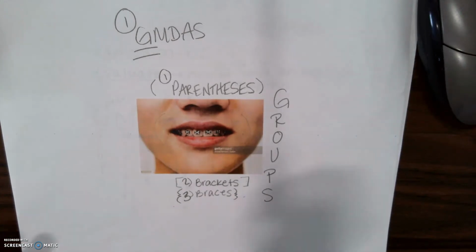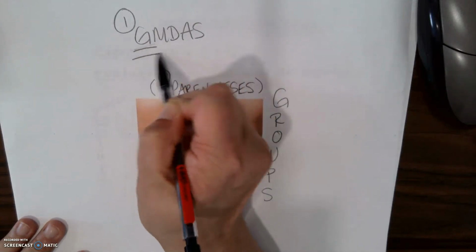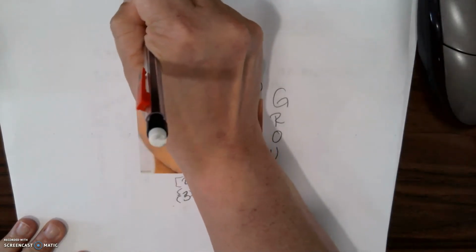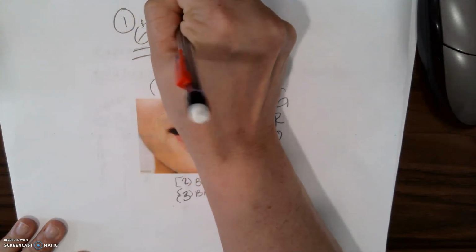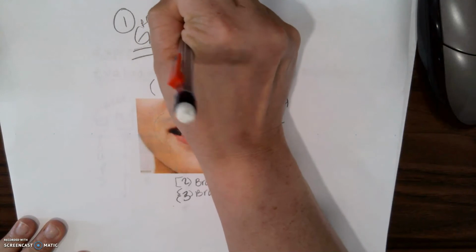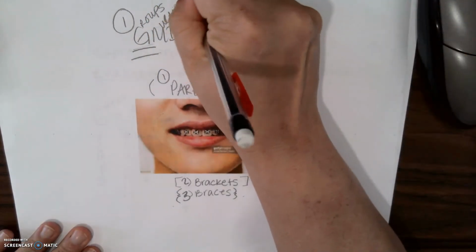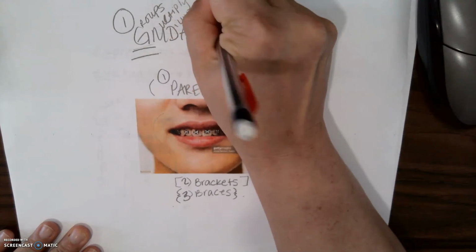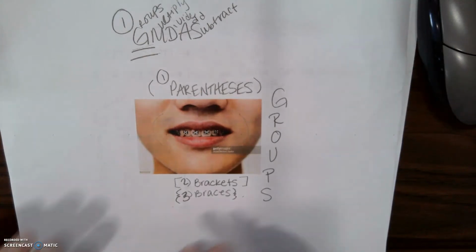Okay? Parentheses, brackets, and braces. Those are the groups. Groups. Multiply. Divide. Add. And subtract. Okay? That's our order of how we get things done.